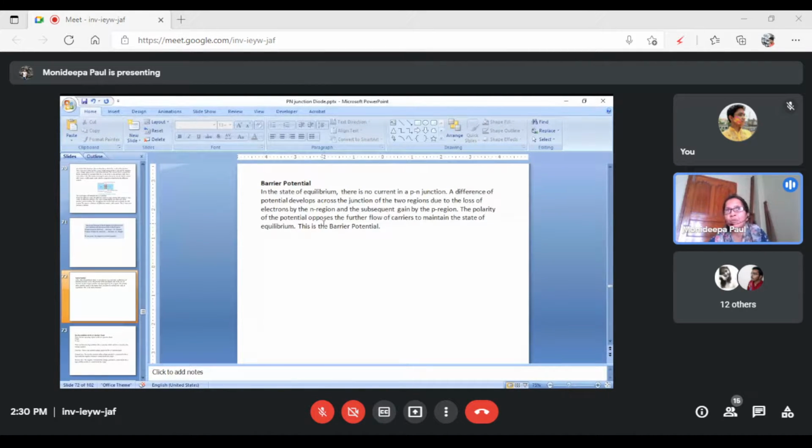After a certain time, when drift current is equal to diffusion current, this developed potential opposes any further flow of electrons or holes. That means any movement of the carriers, minority and majority carriers, is stopped to maintain the state of equilibrium. This is the barrier potential.